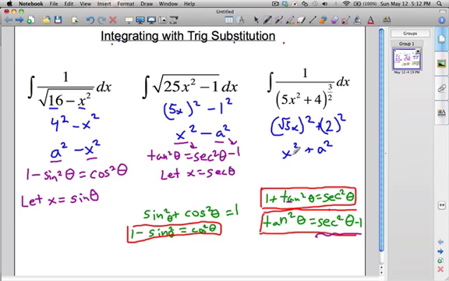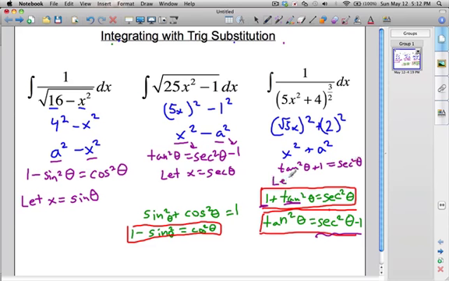In the last type, when we have the addition, we have x squared plus a squared. That's going to correspond to this one right here. We have a constant plus tan squared, so that's going to be like tan squared theta plus 1 equals secant squared theta. So what's going to happen?